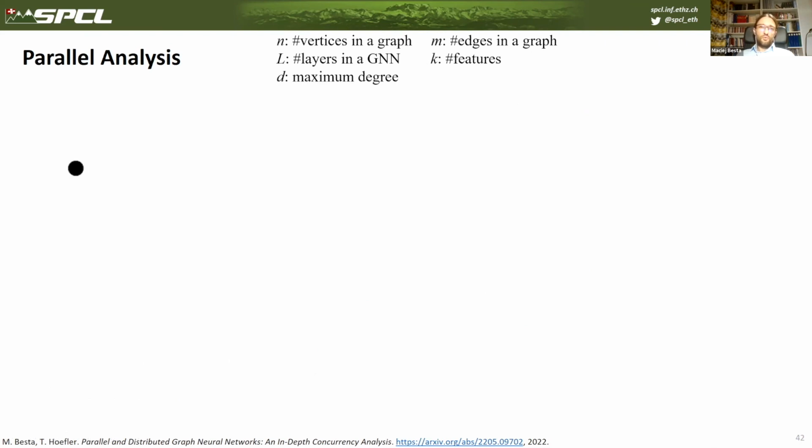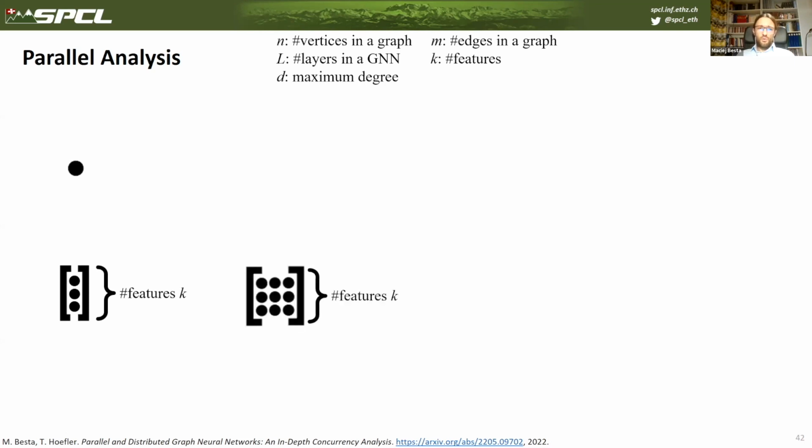Also, we are going to use a couple of different symbols to indicate different mathematical objects. This dot will indicate a scalar. This will indicate a dense vector of dimensionality being the number of features. We are also going to use quite often the symbol of a small dense matrix with dimensions somewhere in the order of the number of features.